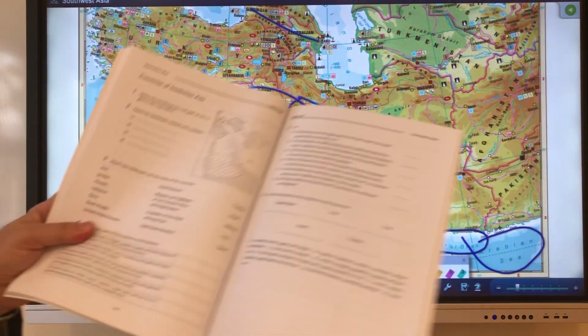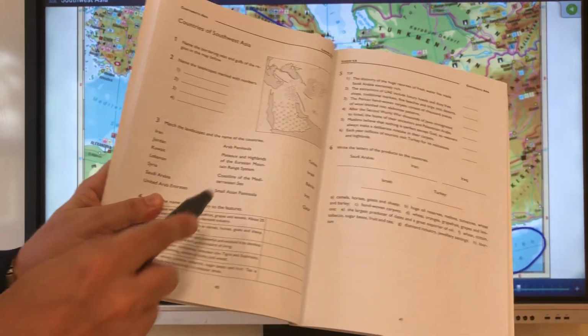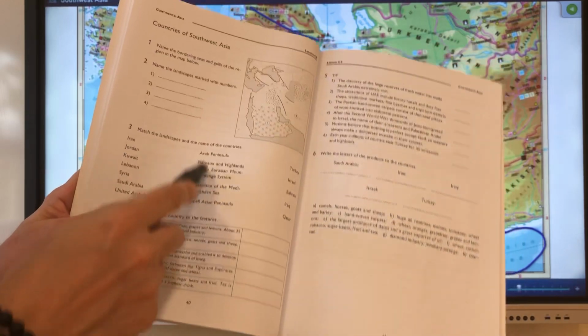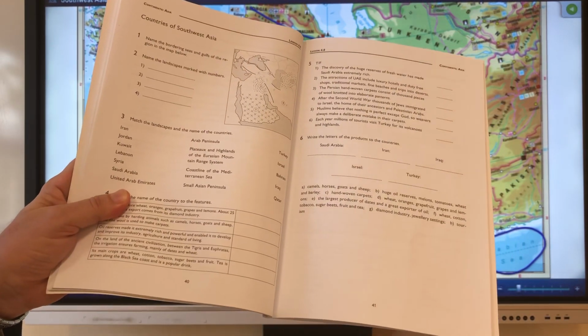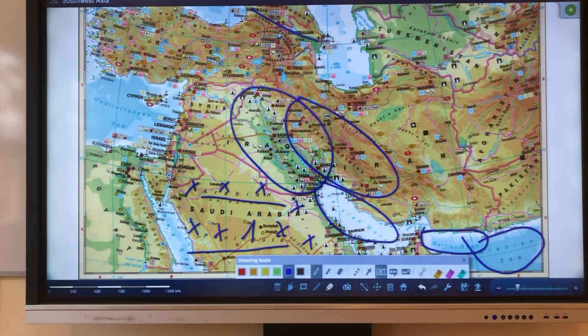And there's one more task which we could concentrate on. There are different geographical names listed here in the middle in task 3. I hope you can see that, yes. And lots of countries. The countries are Iran, Jordan, Kuwait, Lebanon, Syria, Saudi Arabia, United Arab Emirates, Turkey, Israel, Bahrain, Iraq, and Qatar.